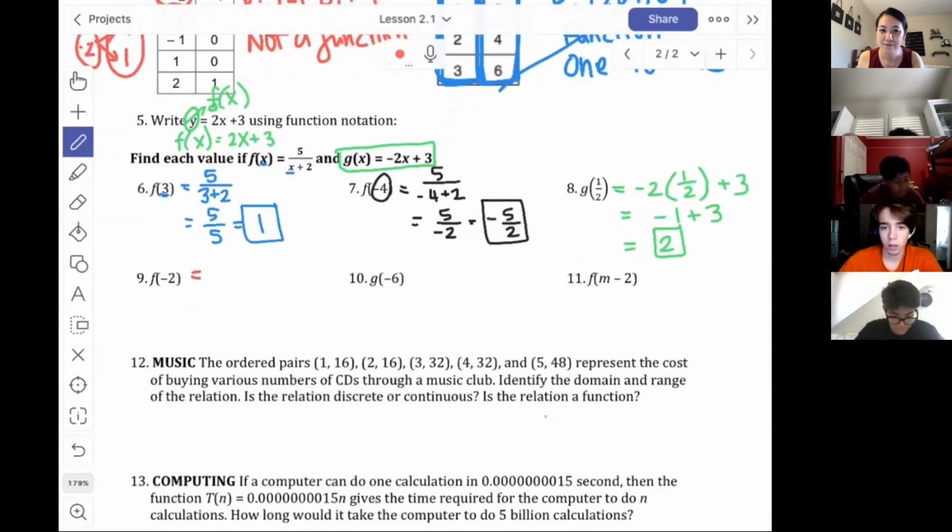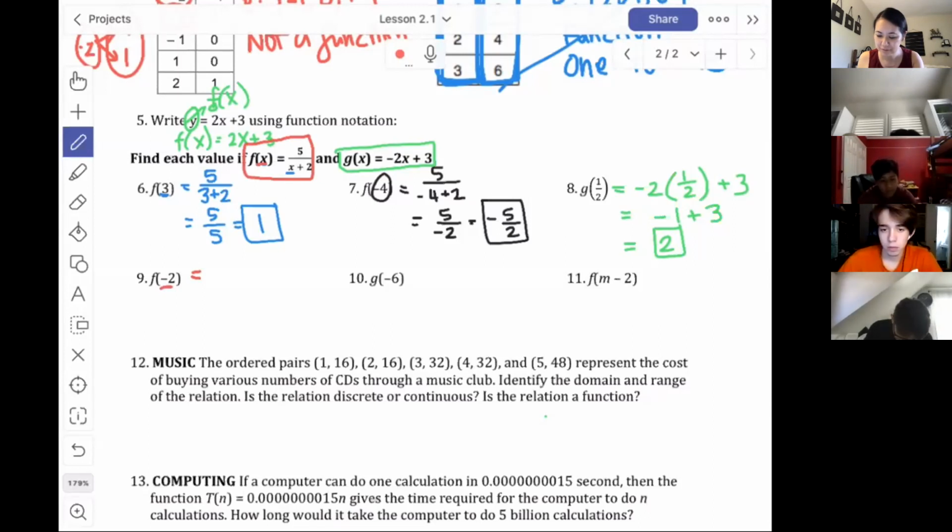Okay, so Mateo, what you do is look for the f function, which is right here, and you substitute negative 2 in for the x. Okay, so what should I write?